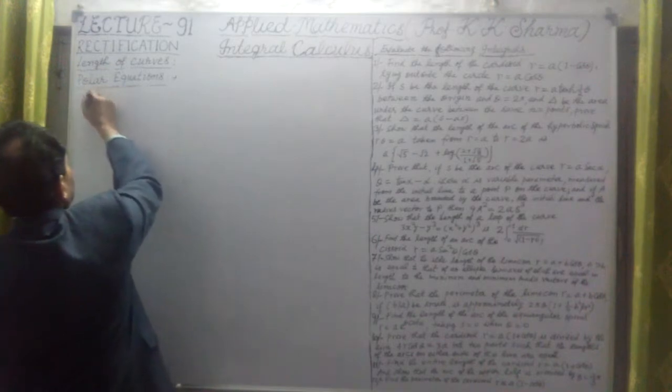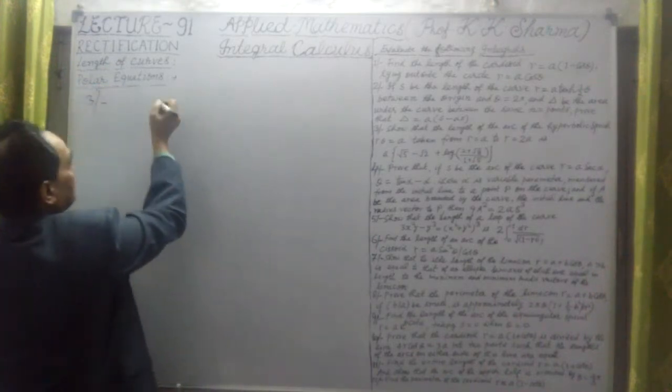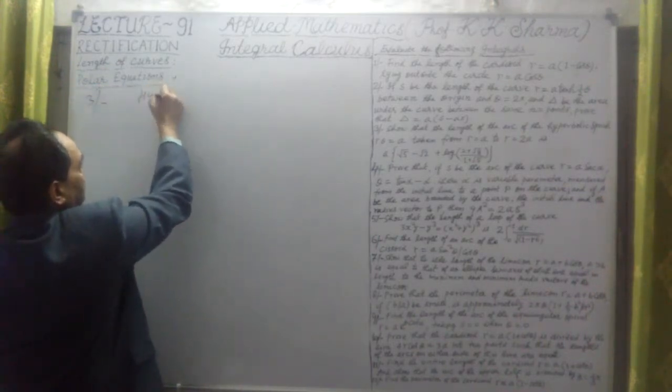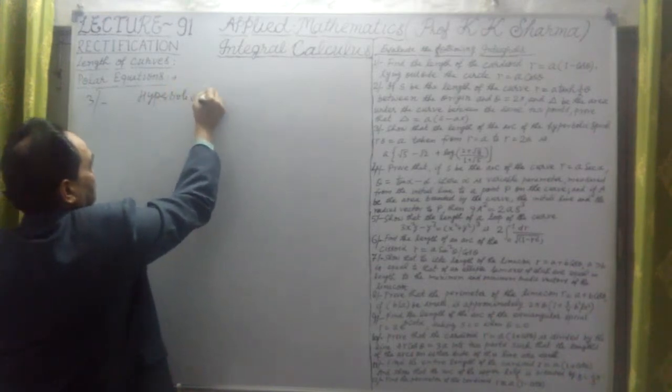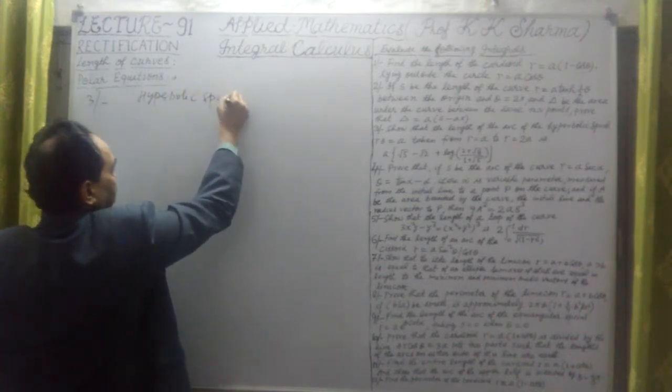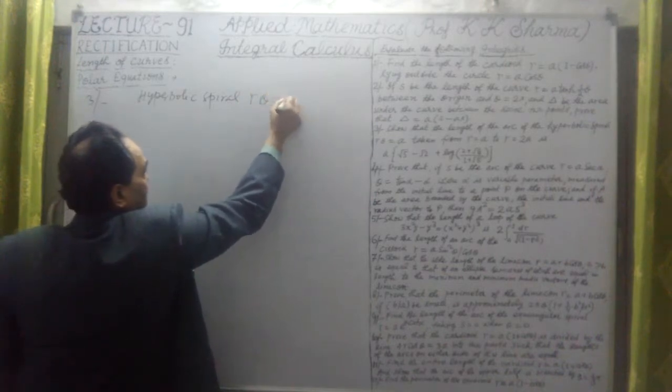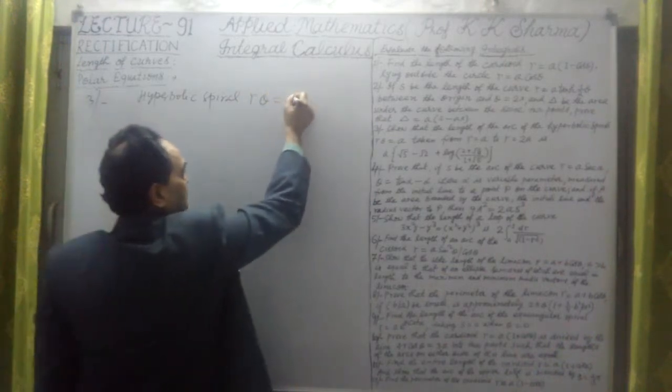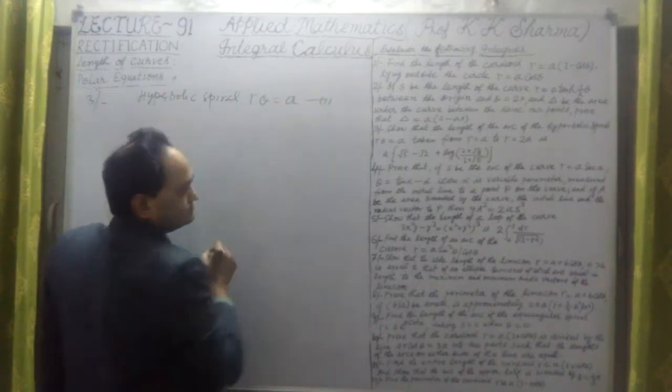Question number 3 here. It says hyperbolic spiral r theta is equal to a. This is the first equation we are given.